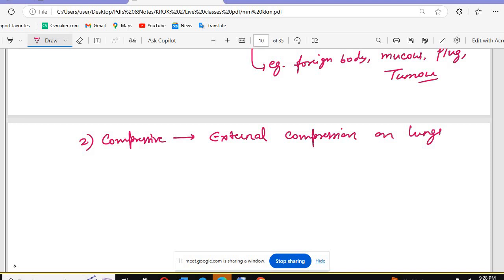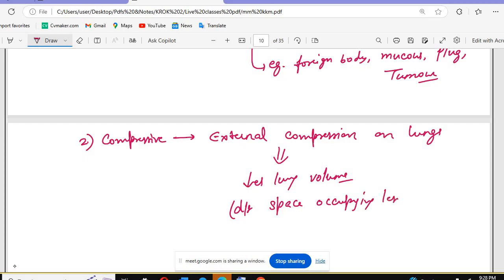It decreases the lung volume. Due to which, what will happen? It is the space occupying lesion and the pleural effusion. It occurs due to any lesion that is occupying space, and the pleural space and the pleural effusion.